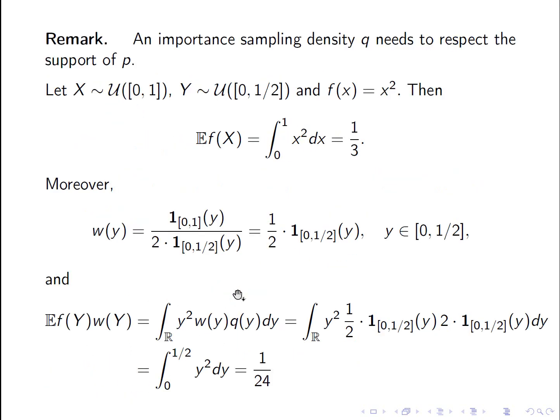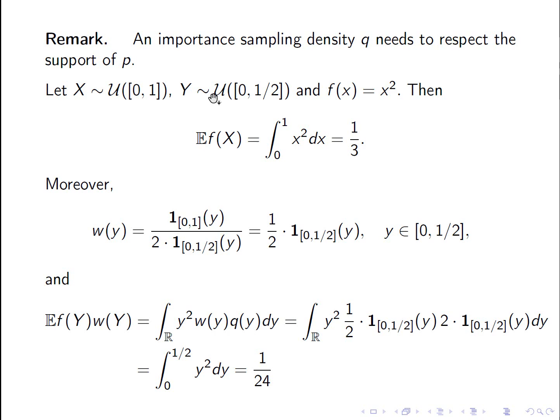Okay, and I always said an importance sampling density needs to respect the support of the initial density. So here it is written, importance sampling density Q needs to respect the support of P. Let's give an example for this. Let's start with a uniform distribution on 0, 1, and f of x equals x squared, and Y is the uniform distribution on 0, 1/2.